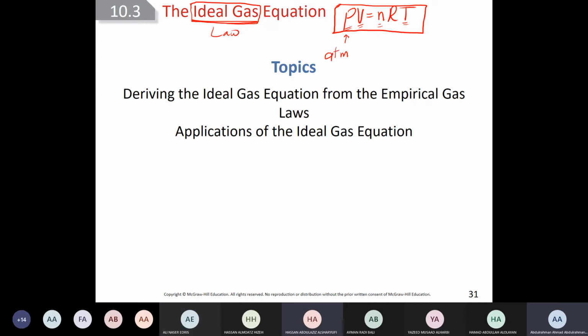There is another unit which is called Pascal. We can change Pascal to atmosphere, but in this equation we're always going to deal with atmosphere. I want you to know very well that one atmosphere is equal to how many millimeter Hg? 760.